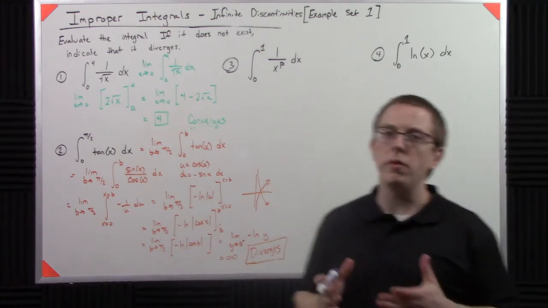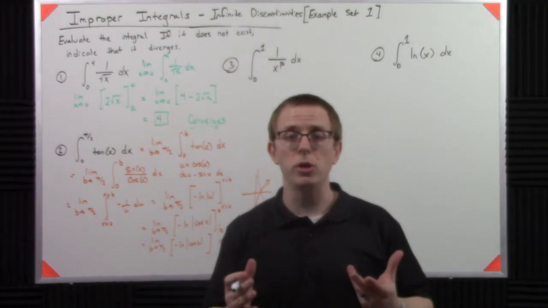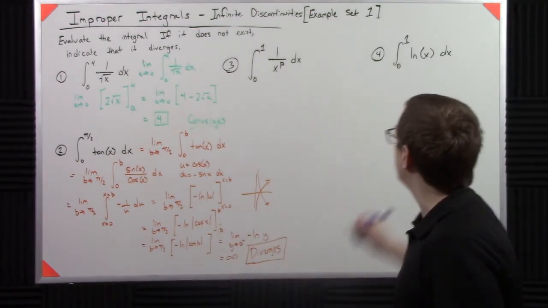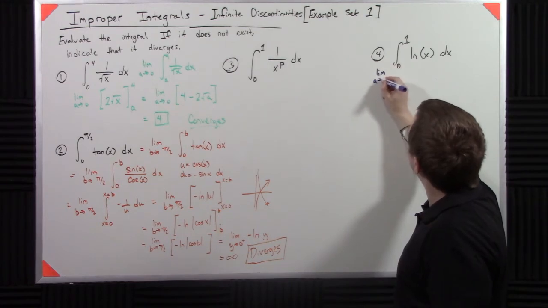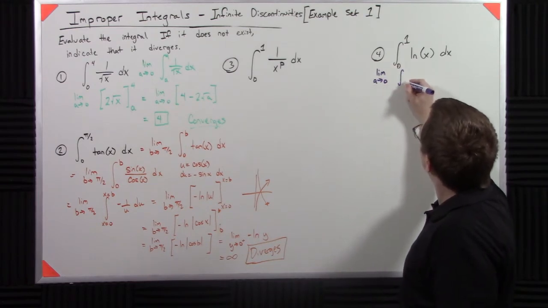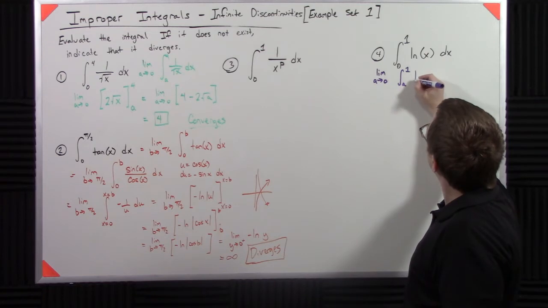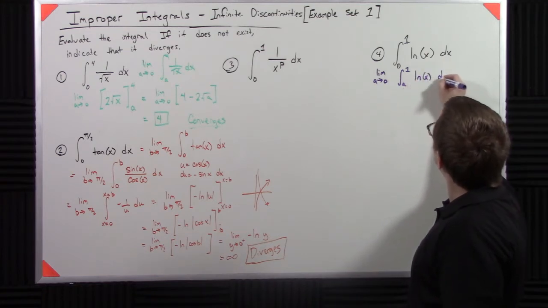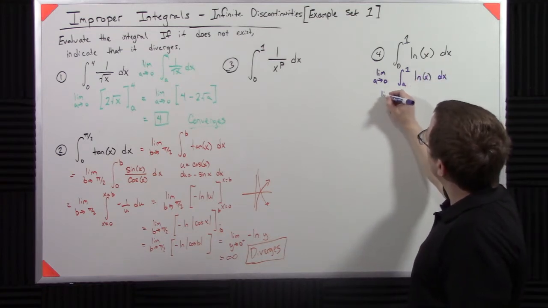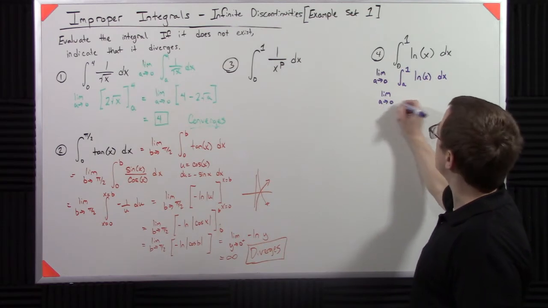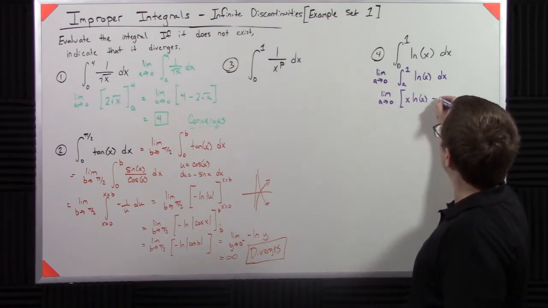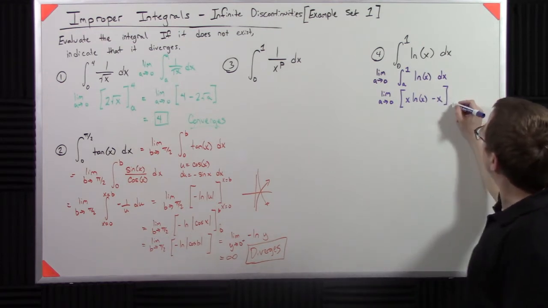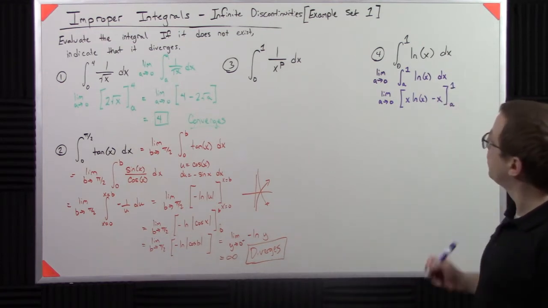The antiderivative of the natural log of x, we can use integration by parts. And if we did, we would get, well, let's rewrite this first. This is the limit as a goes to 0 of the integral from a to 1 of natural log of x dx, which is the limit as a goes to 0 of x natural log of x minus x from a to 1.